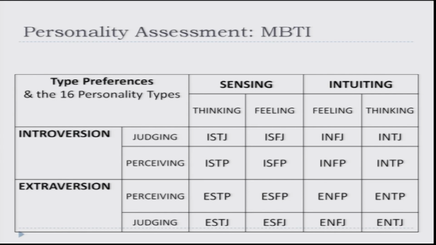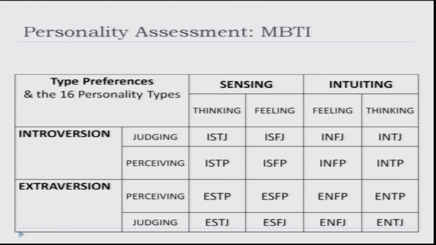The second is ISFJ, so you are an introvert, sensing, feeling, judging type. The third is INFJ, so you can make out it is introversion, intuiting, feeling, and judging. And the fourth one is INTJ, where you have introversion, intuition, thinking, and judging.